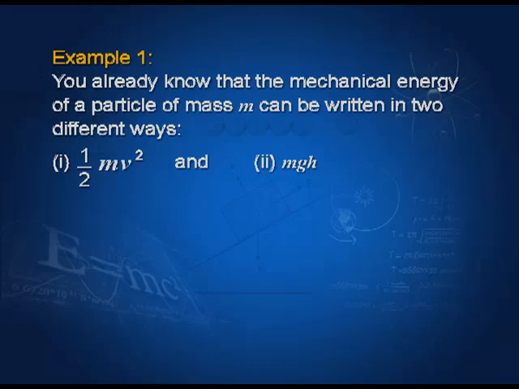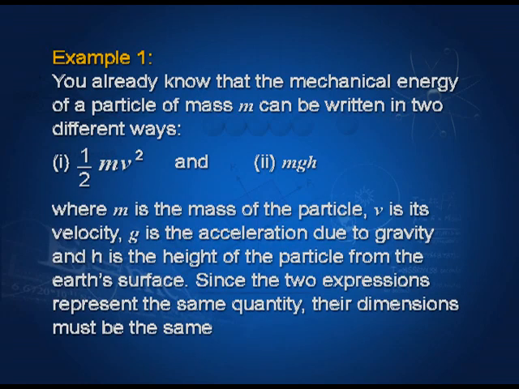You already know that the mechanical energy of a particle of mass m can be written in two different ways. One is half m v squared and the other is m g h, where m is the mass of the particle, v is its velocity, g is the acceleration due to gravity and h is the height of the particle from the earth's surface.